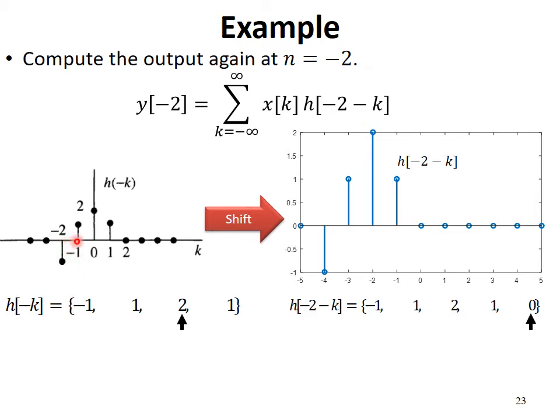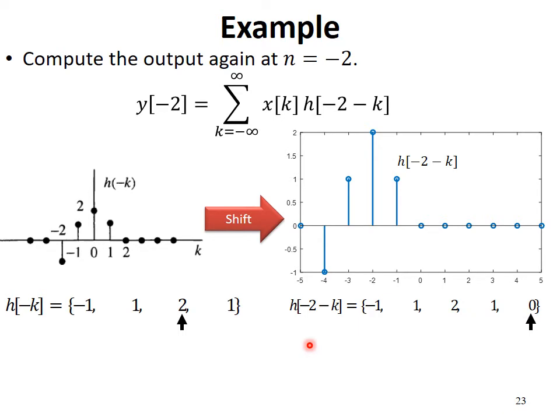Sample which is at -1 would be at -3, right? Like this. And the sample which is at 1 would be at -1. So the sequence that we will obtain after shifting h of minus k by -2 units is: -1 1 2 1 and 0, right?